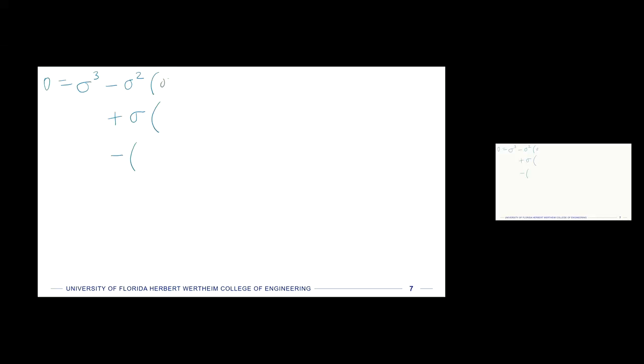Okay, so we have sigma x plus sigma y plus sigma z. That's our first coefficient. Our next one is sigma x, sigma y, plus, it's sort of the combinations of them.